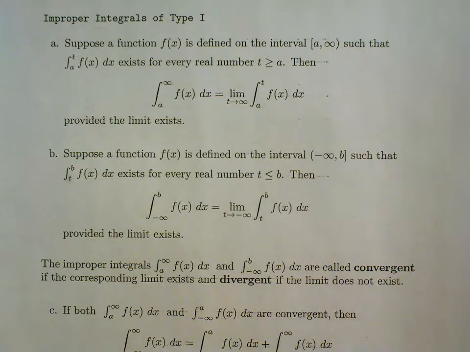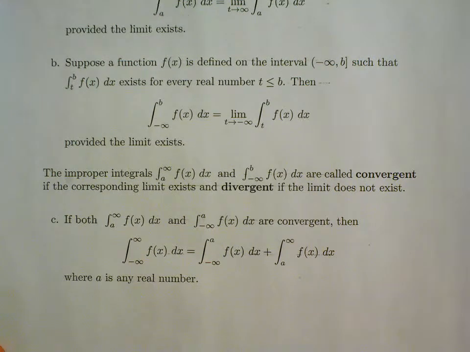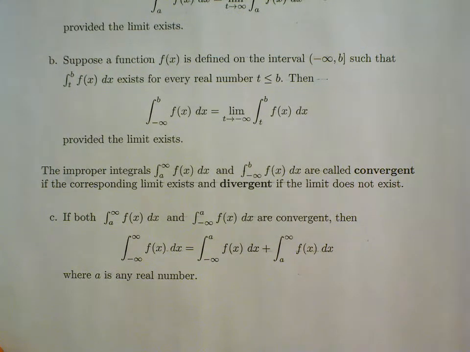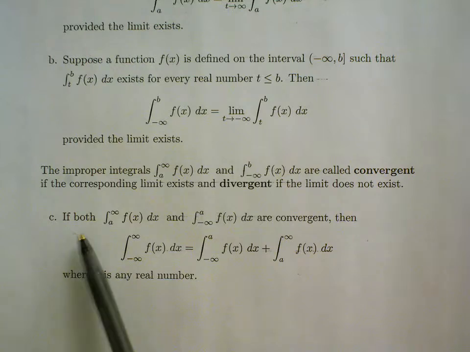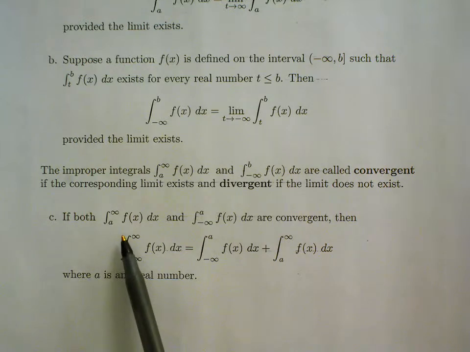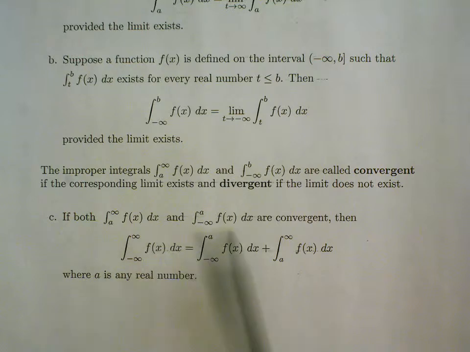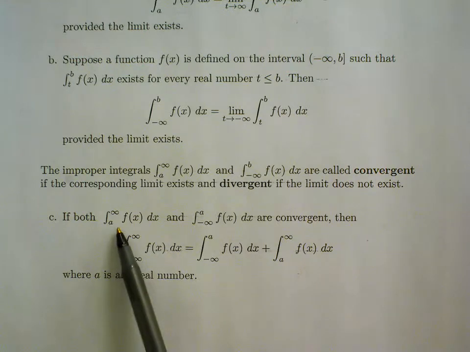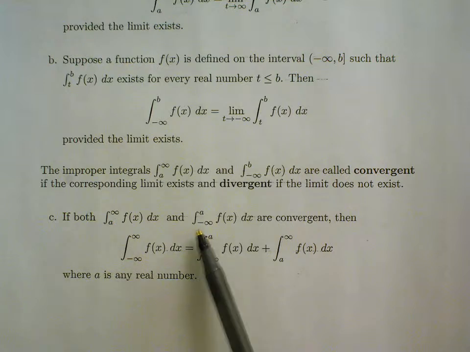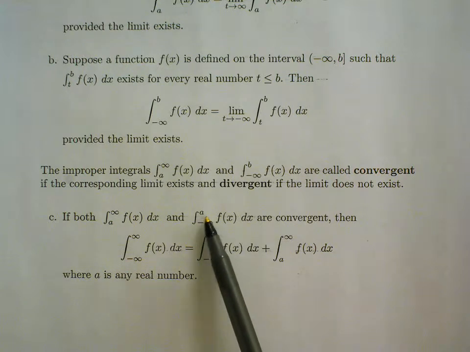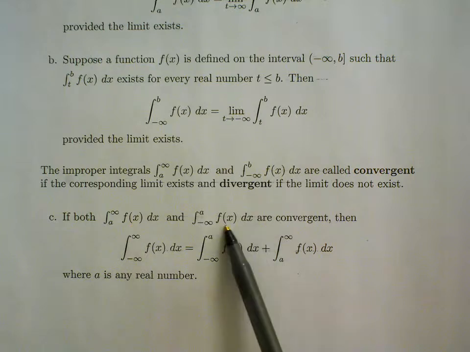Okay, part C. If both of these improper integrals are convergent, one of them has limits from a to infinity, and the other one has limits from negative infinity to a, for the same integrand f of x.